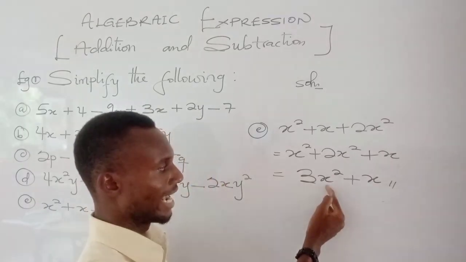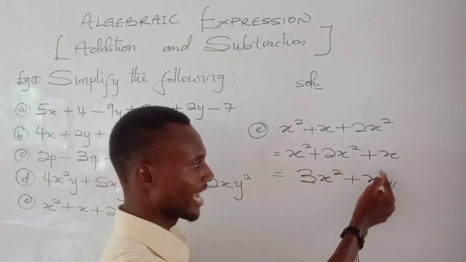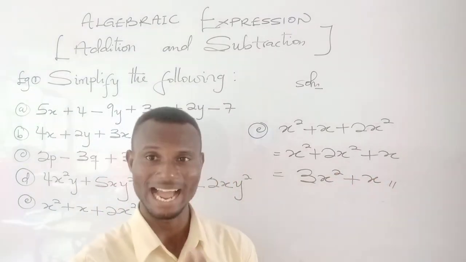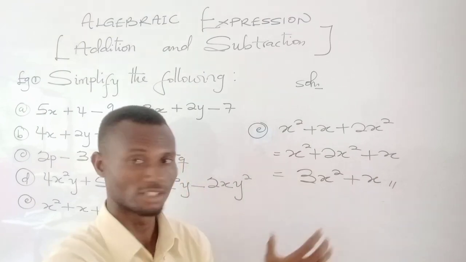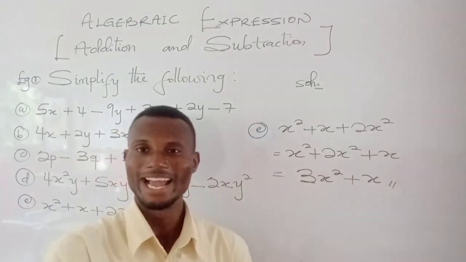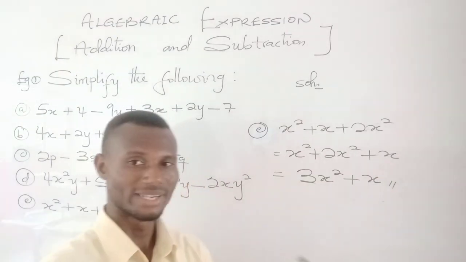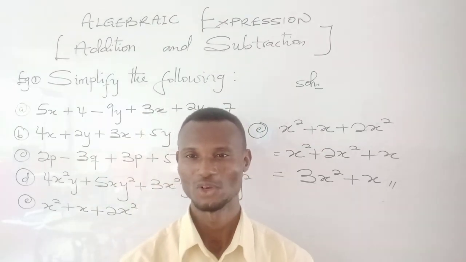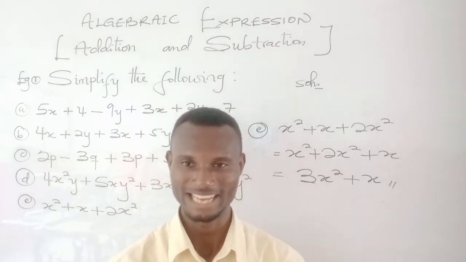This s has power 2, this s has power 1, so they are not like terms that we can add. So you leave it like this. You just join the s like this and you are done. I hope the explanation was clear enough and you understood it as well.